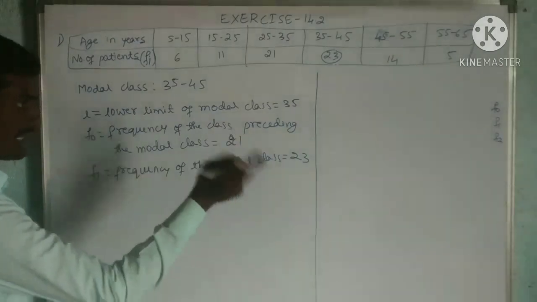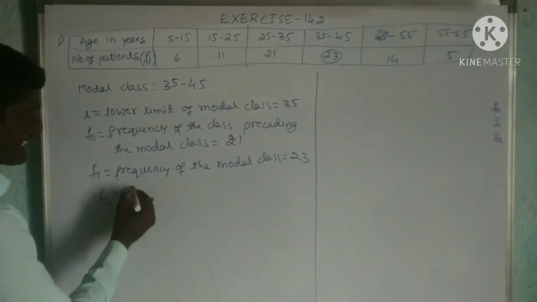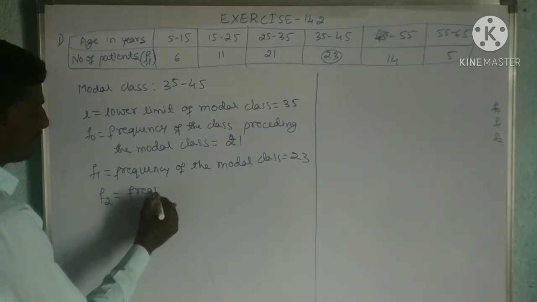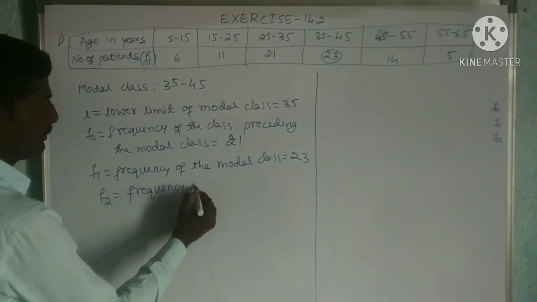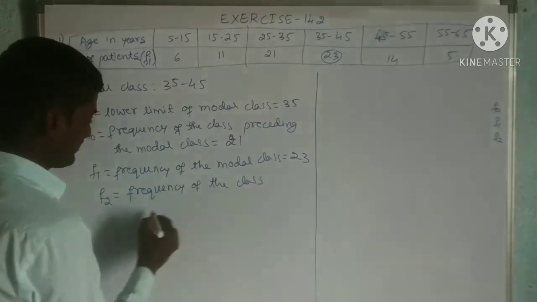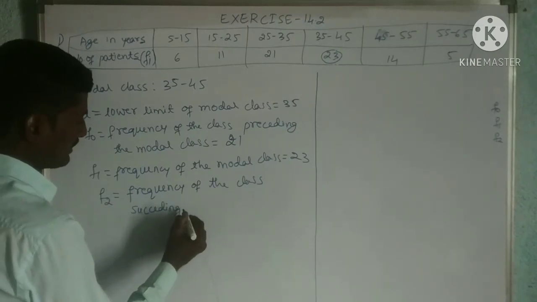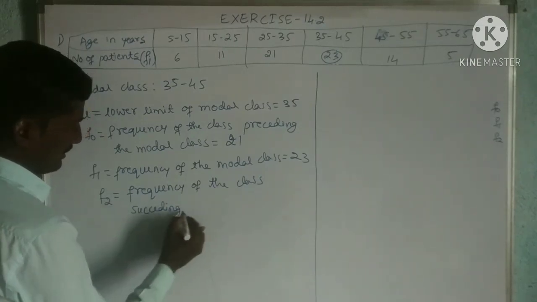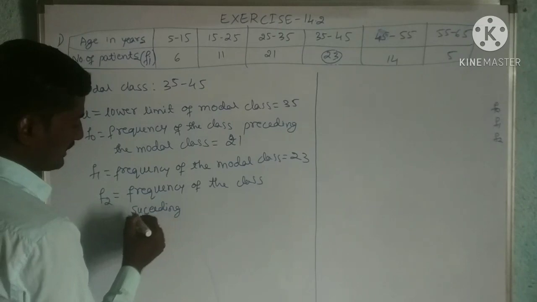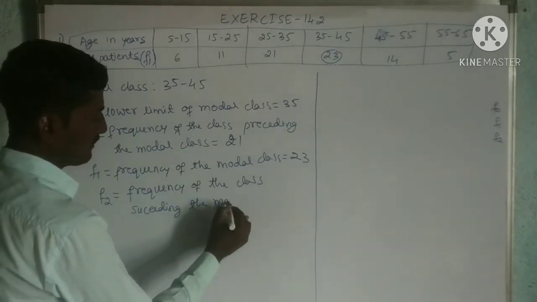F1. Then the last one is F2, the frequency of the class succeeding the modal class.